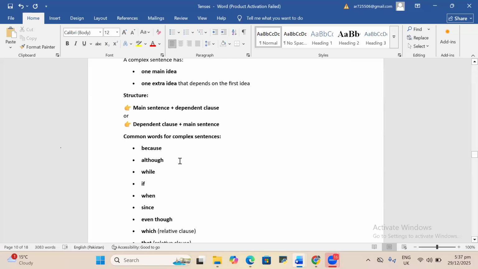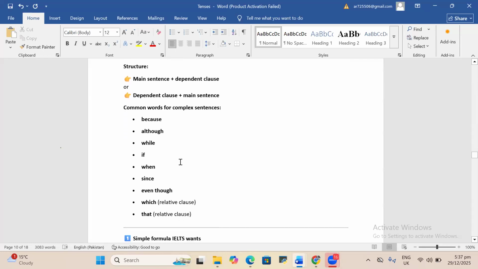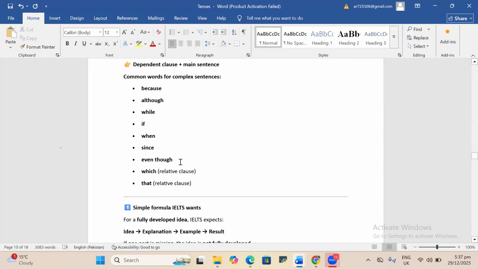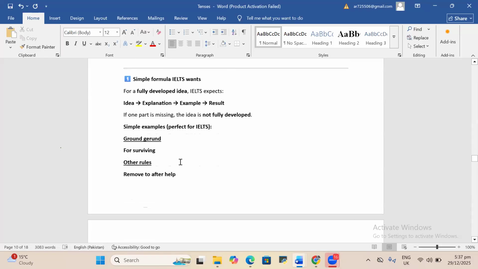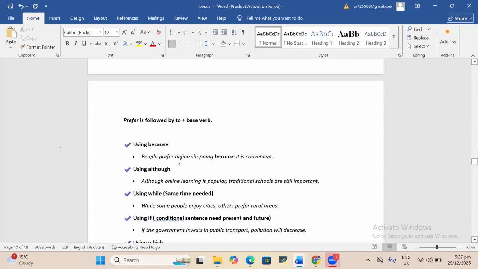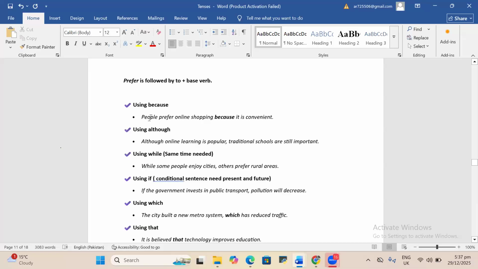So these are the words you can actually use in your complex sentence. Here is also an example of how we can connect different phrases and clauses.